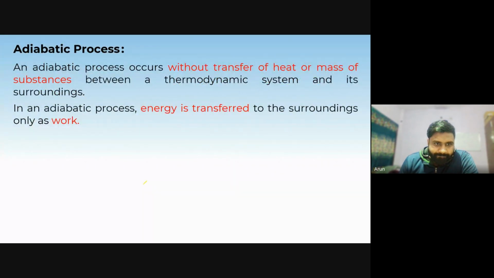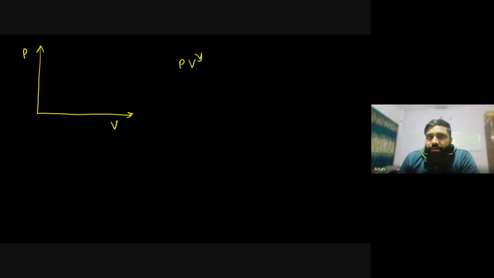Now, if I talk about the graph, we will have a PV diagram, the indicator diagram. We know that PV raised to the power gamma is equal to constant. So here we will have P equals C upon V raised to the power gamma. It looks similar to that expression, but here we have V raised to the power gamma.